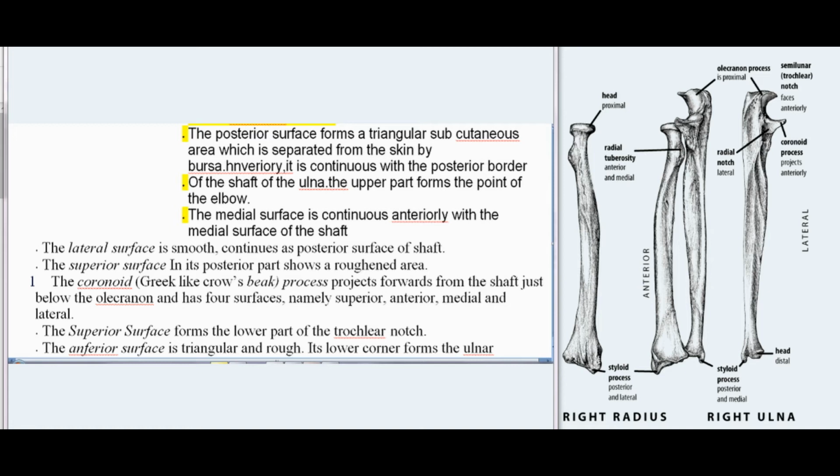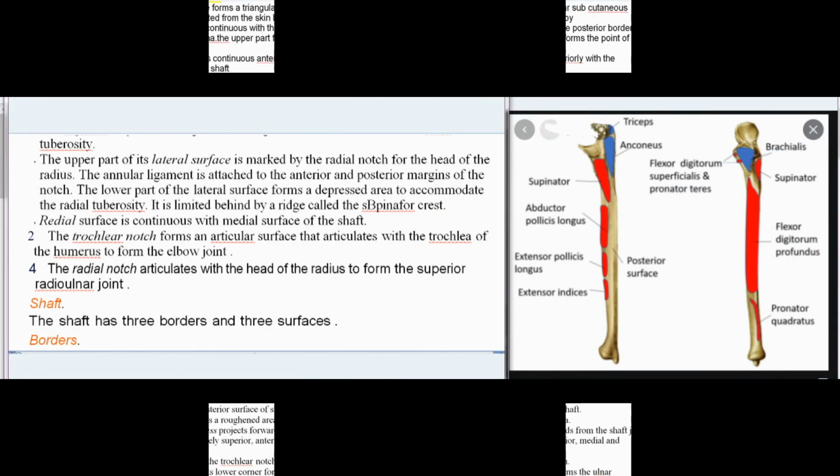2. The coronoid, Greek for crow's beak, process projects forwards from the shaft just below the olecranon and has 4 surfaces, namely superior, anterior, medial and lateral. The superior surface forms the lower part of the trochlear notch. The inferior surface is triangular and rough. Its lower corner forms the ulnar tuberosity.